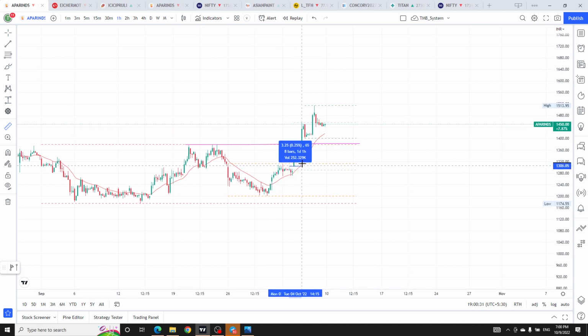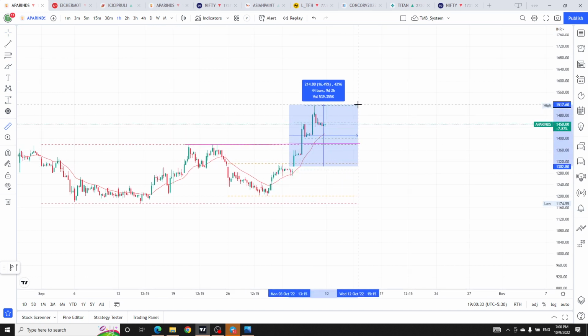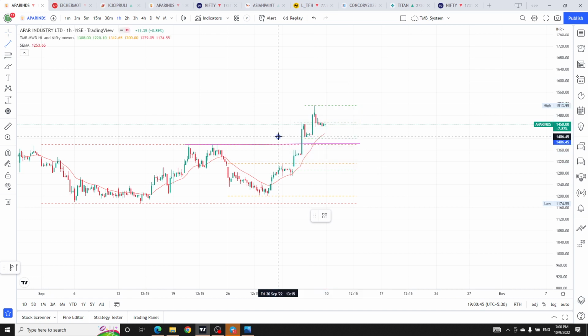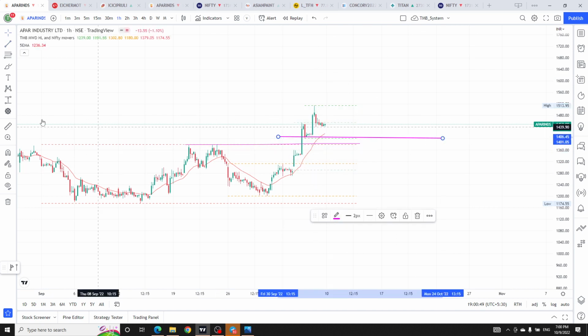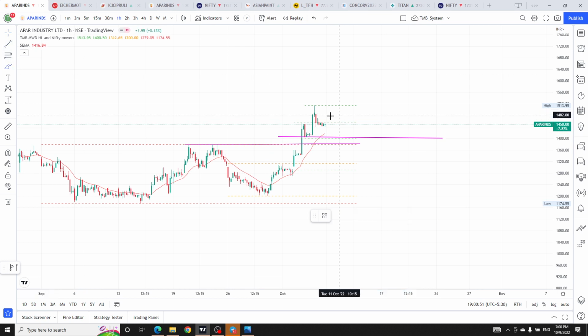From here to here, any bullish stock after the pause will not come down more than 50%. If the real momentum is there in the stock, it will not come down more than 15%. Here also I am expecting, if the stock comes into this range, it is the best buy for us.